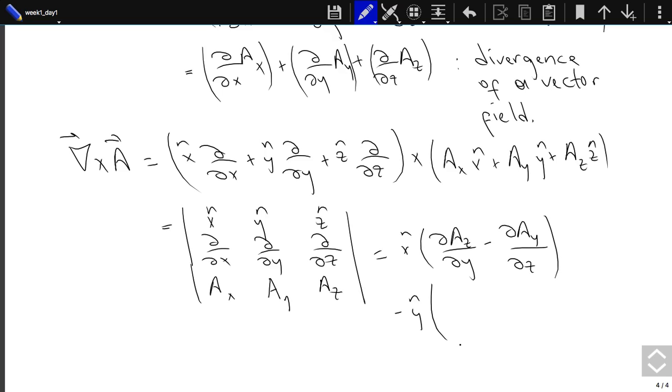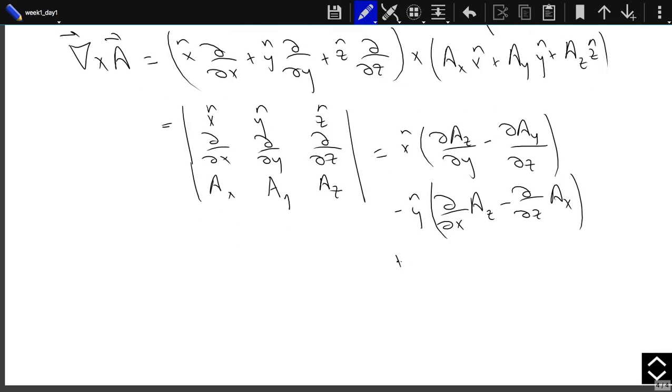Just close this column and this row. We have these two and these two. And the determinant of this 2 by 2 matrix is the derivative with respect to x of az minus the derivative with respect to z of ax, and plus in the z-hat direction, again, close the first row and this last column. So we have this 2 by 2 matrix over here. Just take its determinant: derivative of ay with respect to x minus derivative of ax with respect to y.